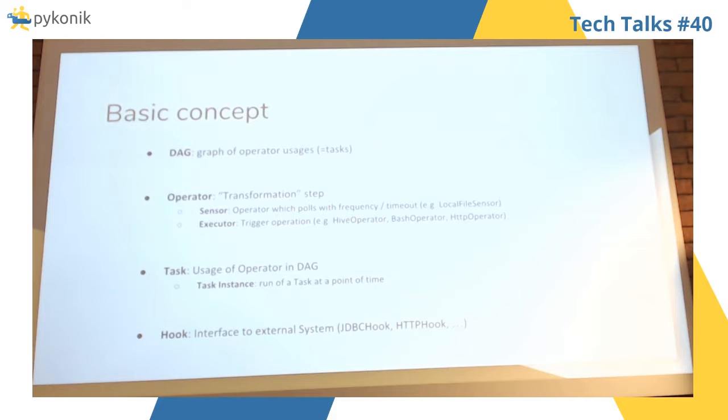Basic concept of Airflow. We have a DAG, a graph of operator usage. When we say operator, we mean some part of code that does something, some transformation step. If we say task, it means something that is run. It's the usage of this operator.